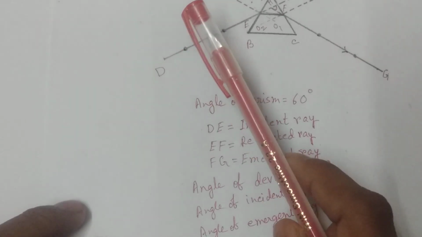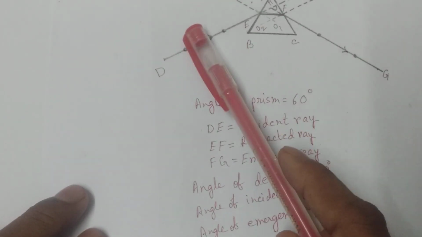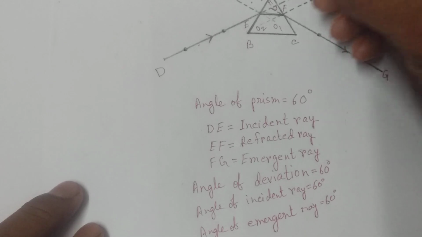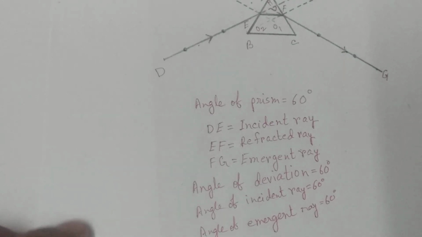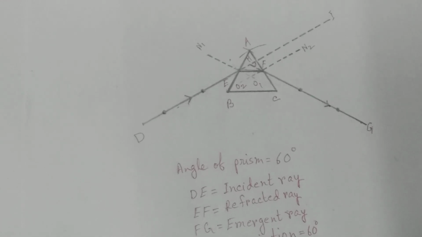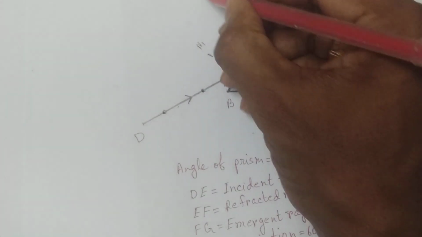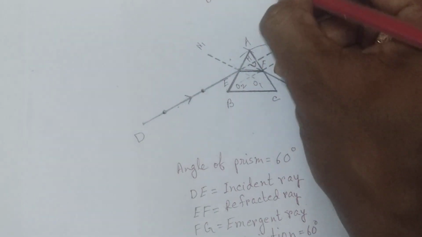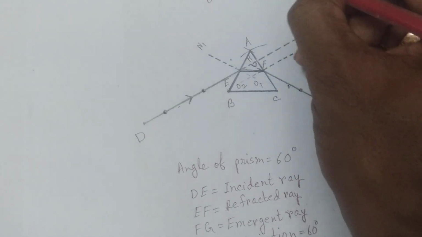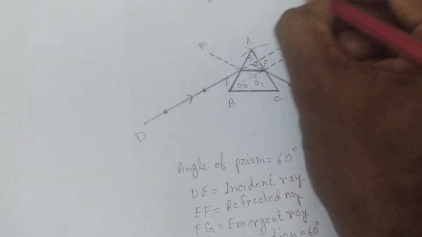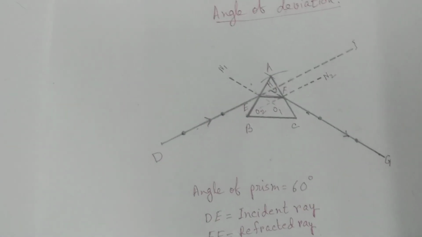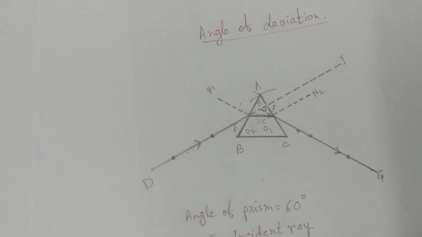Okay. In this way, you can find the angle of deviation in a prism. What you find, angle of deviation in this prism is 60 degree, right? We found that the angle of deviation in this prism is 60 degree.